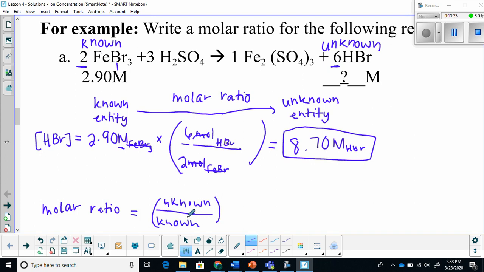If you're ever confused and your unit analysis isn't making sense, you always want to start with your known, divide by the known coefficient, and multiply by your unknown. This is just another way of seeing it. I prefer that we write it just through strict unit analysis.